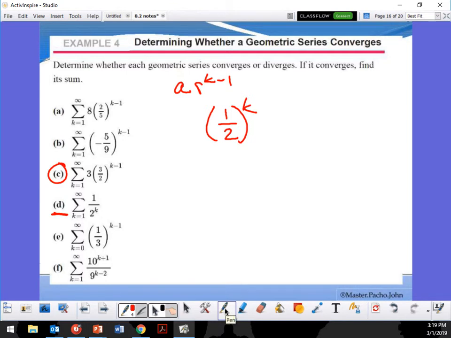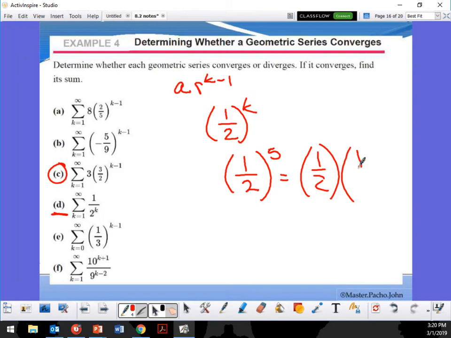All right, so it's going to be 1 over 2 to the 5th. Right? Could I rewrite this as 1/2 times 1/2 to the 4th?